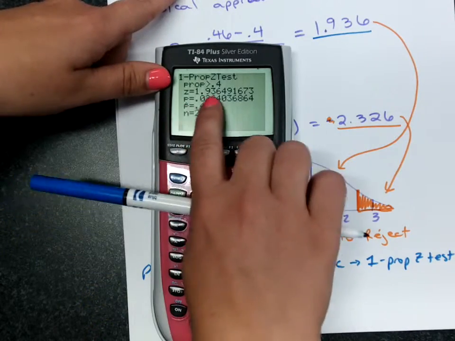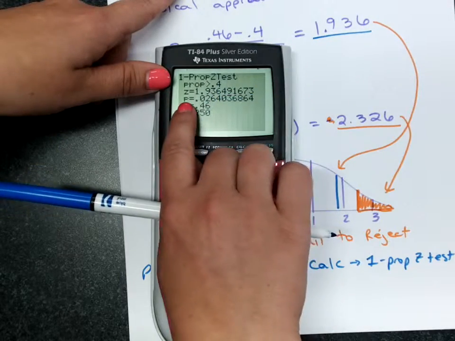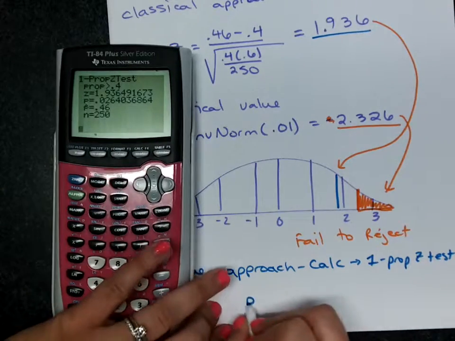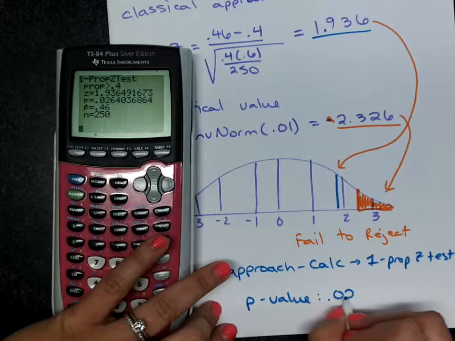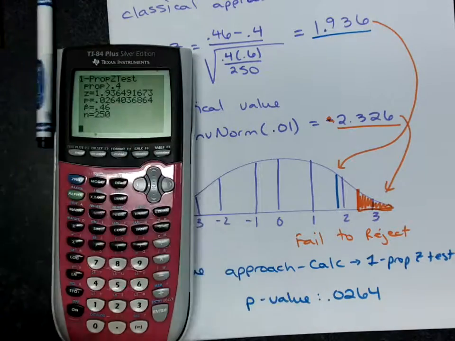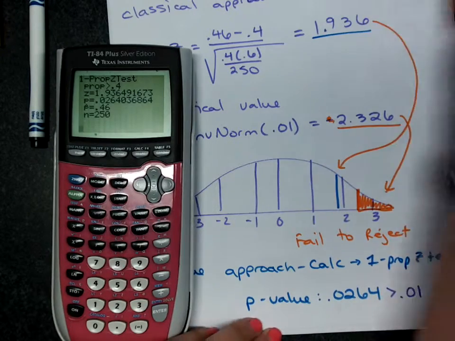It gives you that z-score, 1.936, which is what we got. It also gives you the p-value, 0.0264. And this is another way to confirm: this percentage is larger than your alpha level of 0.01.